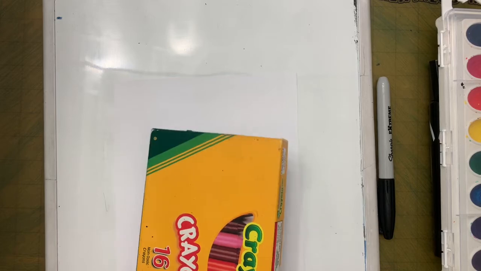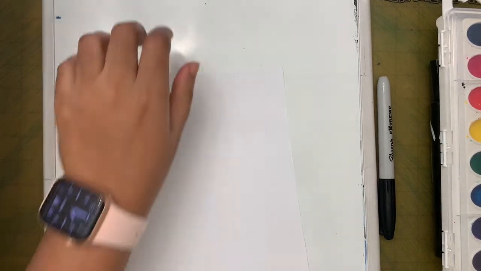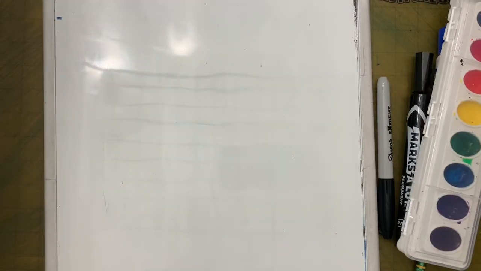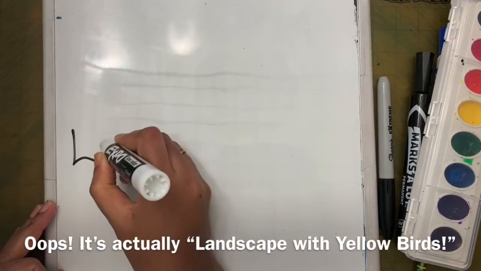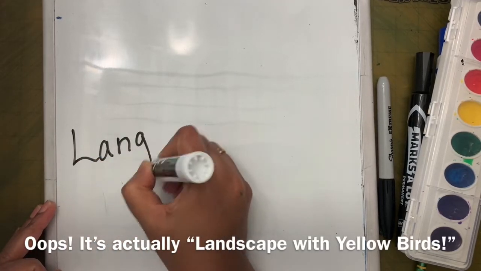Now, the name of the art that we are imitating is called Language with Yellow Birds. Let me write it down so you guys can see. Language.